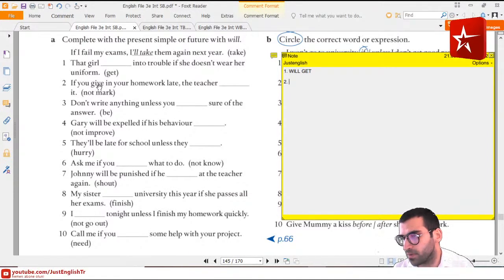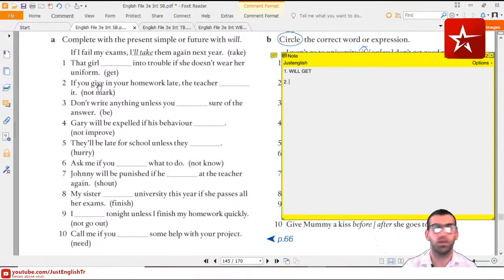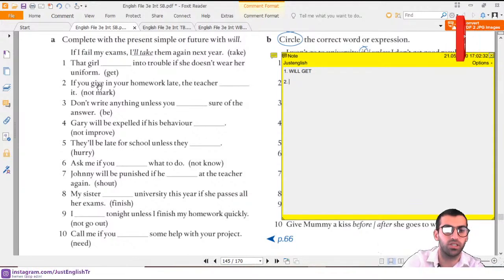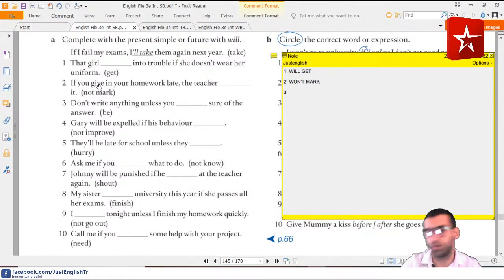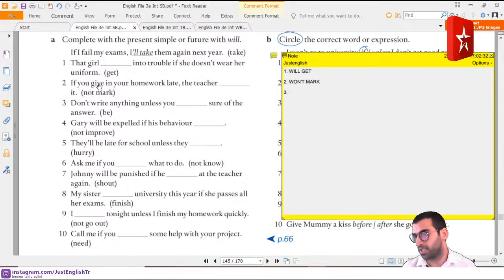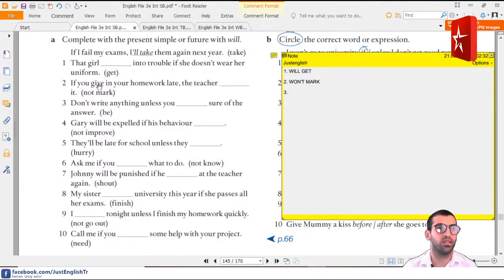So here, if you give in your homework late, the teacher won't mark. Won't mark is a correct answer for number 2.